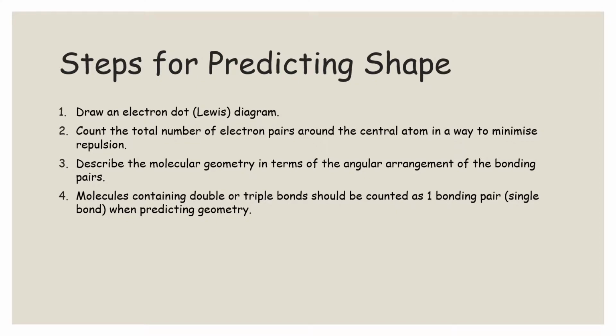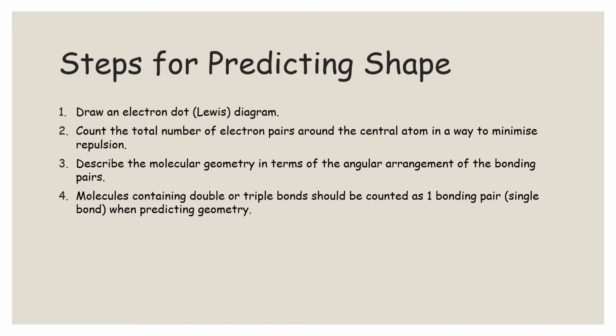So the steps for predicting a shape. The first thing you're always going to have to do is draw an electron dot diagram. Then you're going to look at the number of electron pairs around the central atom. So it's always very important that we're looking at the central atom and the number of electron pairs around it. We need to arrange those electron pairs to minimize repulsion.